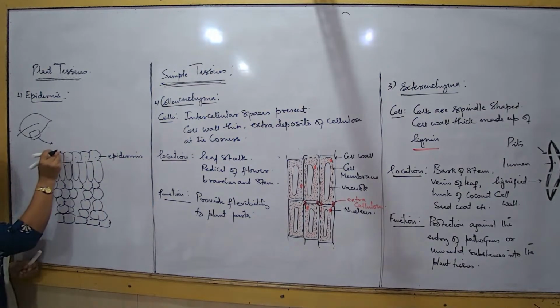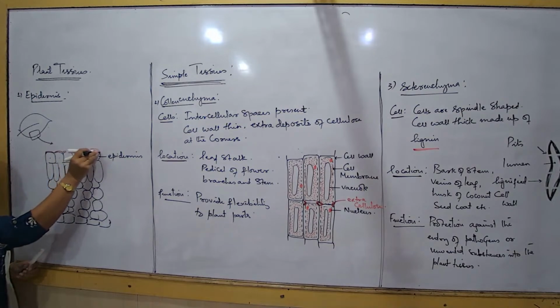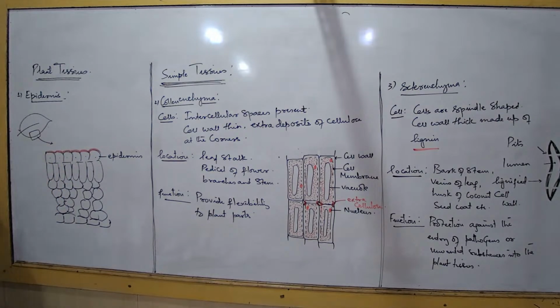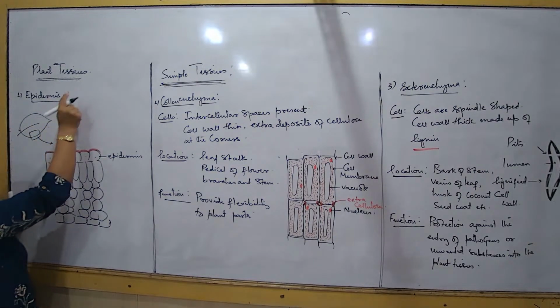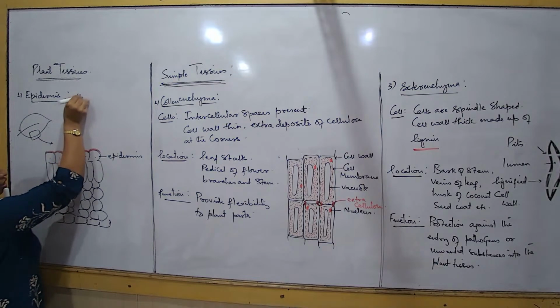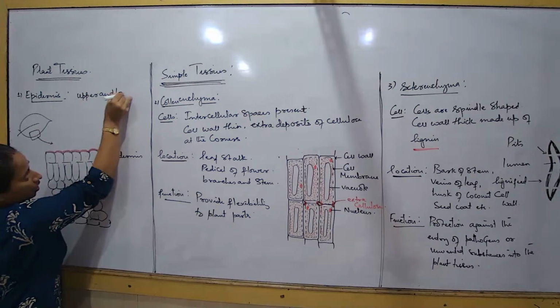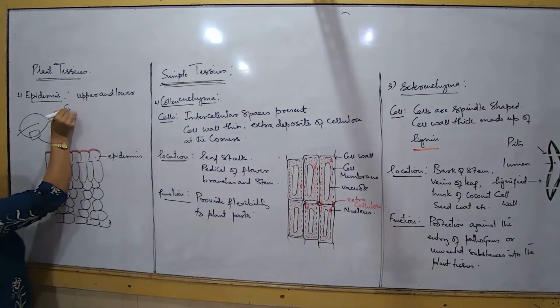This uppermost layer, the epidermis, produces a waxy substance. What is this waxy substance known as? It is known as the cuticle. Where is the epidermis present?